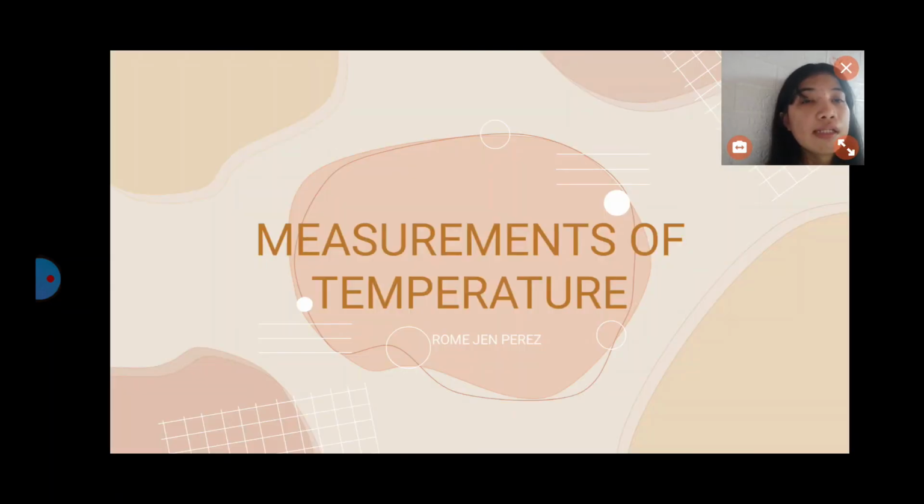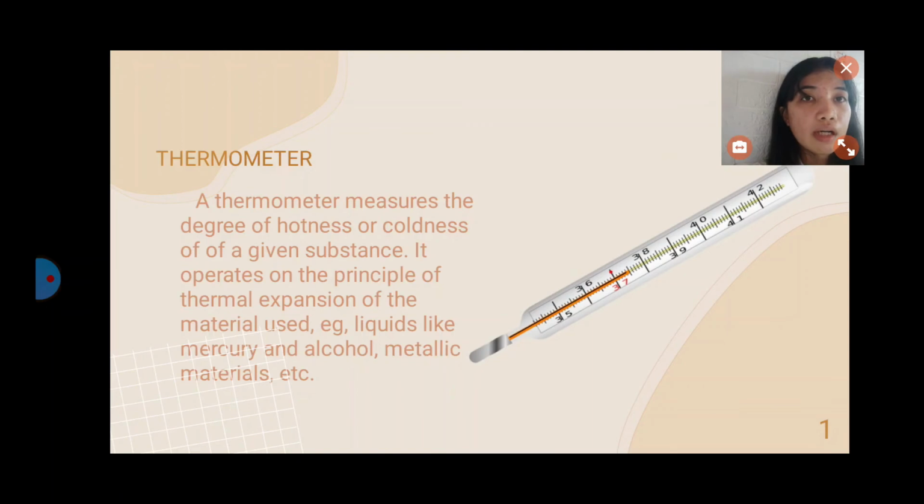The next topic is the measurement of temperature. So we have various types of instruments and devices to measure temperature, and one of these is the thermometer. A thermometer measures the degree of hotness or coldness of a given substance.